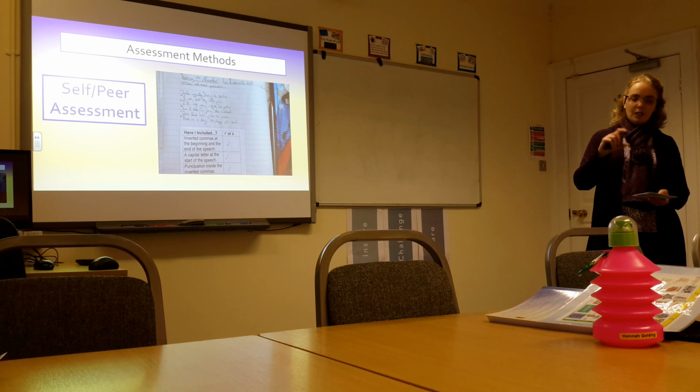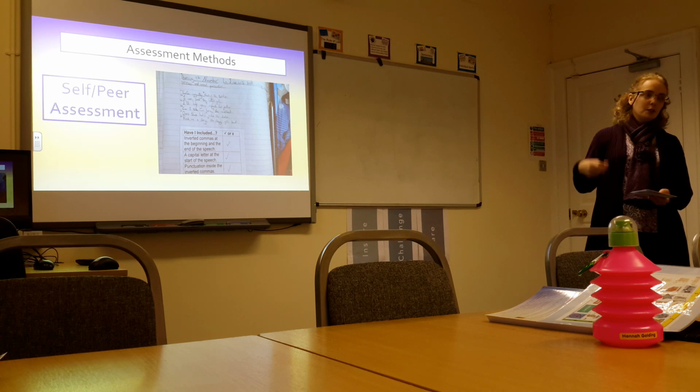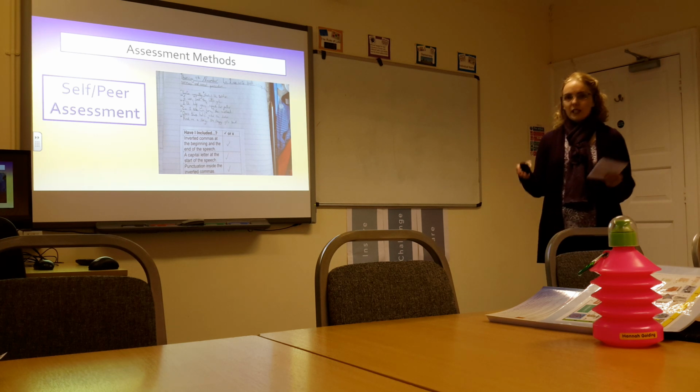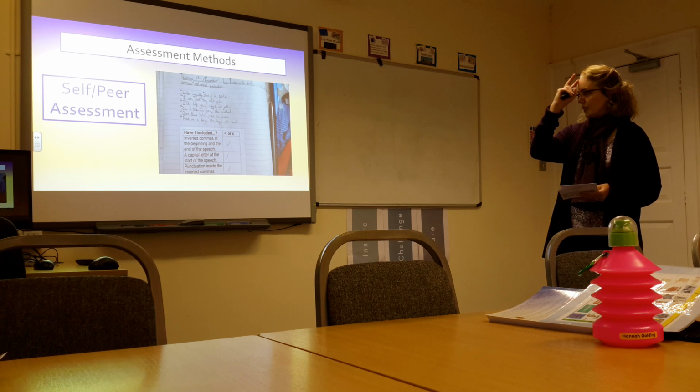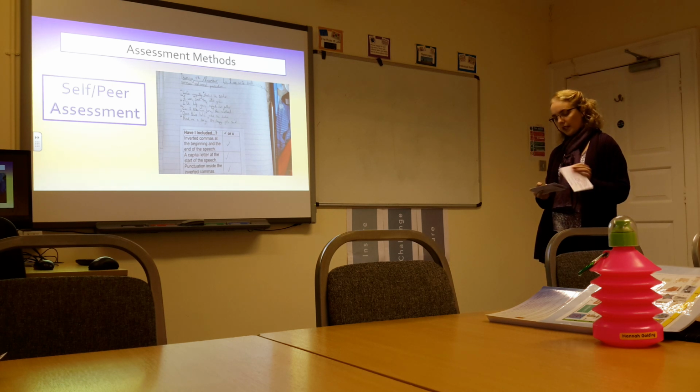Sometimes we'll put a little box for leave a positive comment as well, and that's something they need to practice too. So hopefully as I'm teaching more regularly and getting regular classes, I can make that a regular part of their learning process.